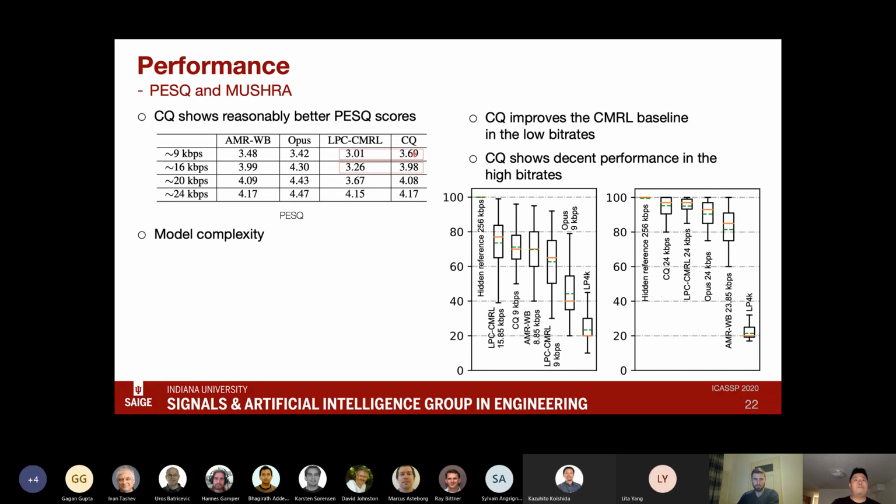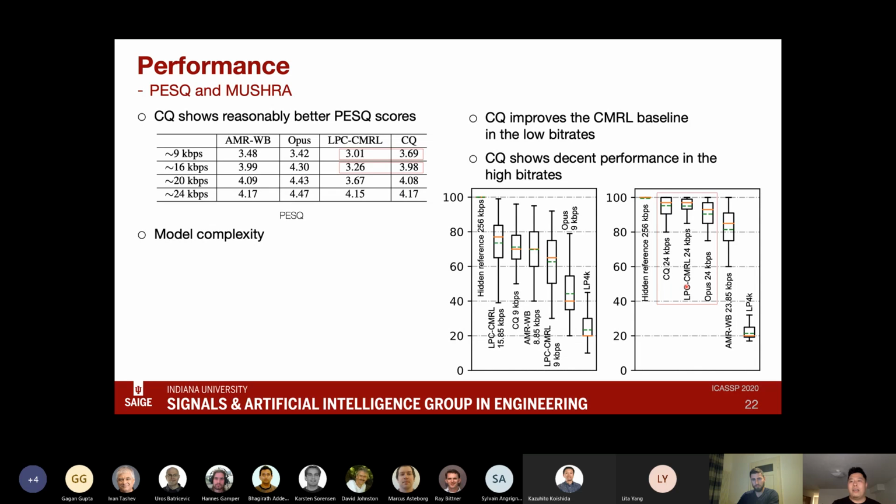Although in terms of the PESQ score, they're not as good as Opus. However, in a MUSHRA test, at 24 kbps, both CQ and LPC CMRL outperform Opus at the same bitrate setting.